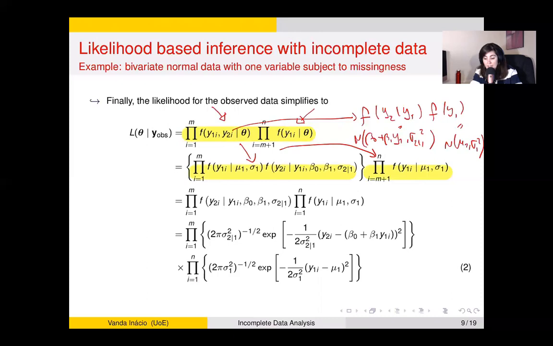And now I see that I have the product from 1 up to m of the marginal, and also from m plus 1 up to n of the marginal. And so I can say that this is the product from 1 up to n of the marginal, and this is the product of the first m observations of the conditional distribution.